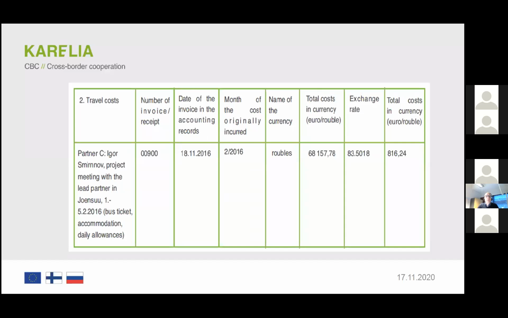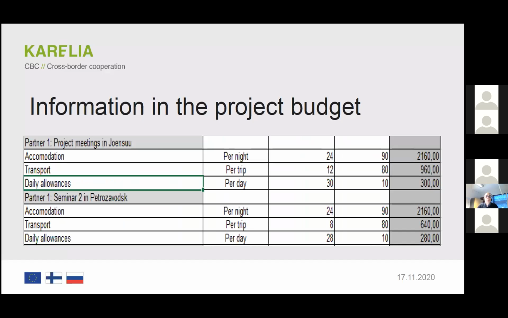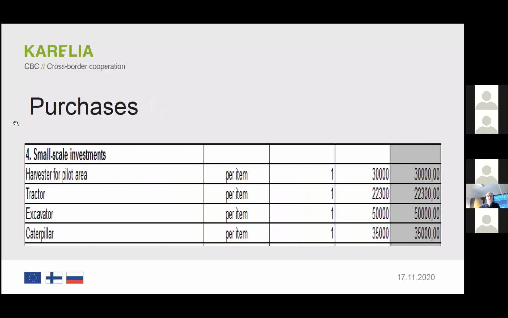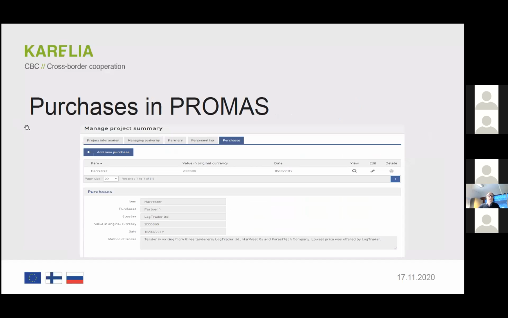And if any travel information is mentioned in the report, we check that those travels are noted also in the budget. And if you have some equipment or small scale investment in the report, we check that you have noted those purchases both in the budget and in the summary purchases list. So make sure that these are also consistent with each other.